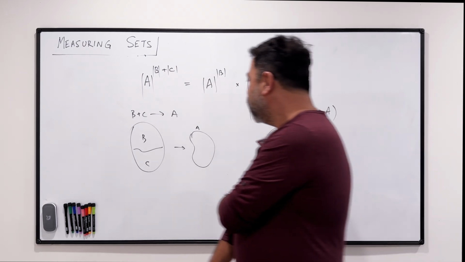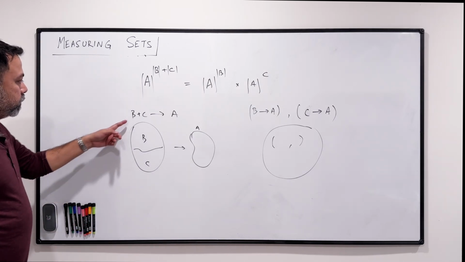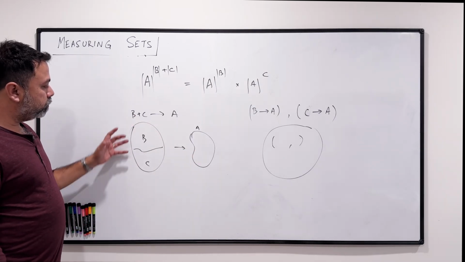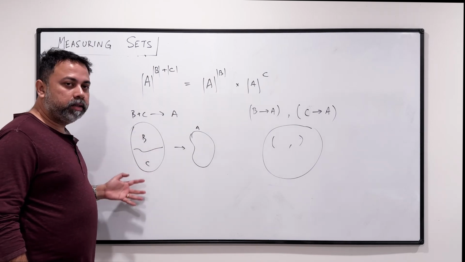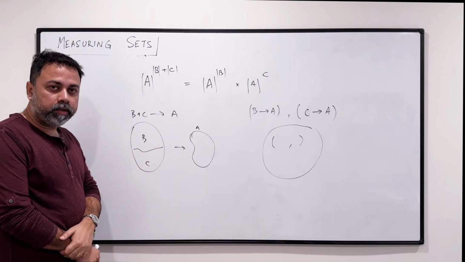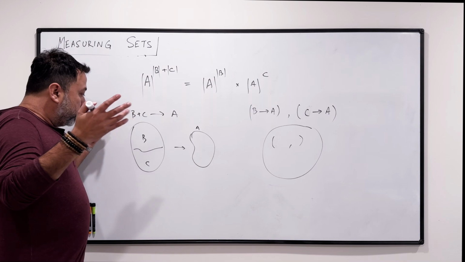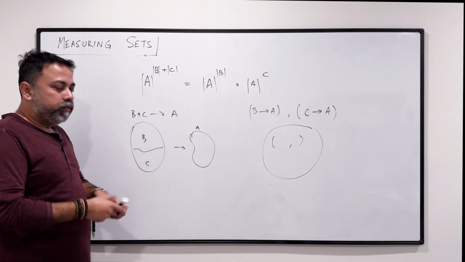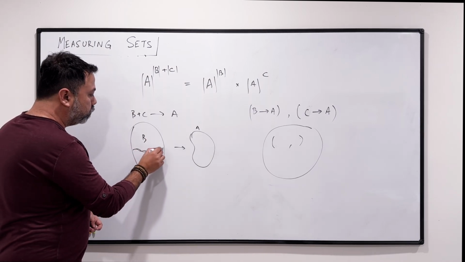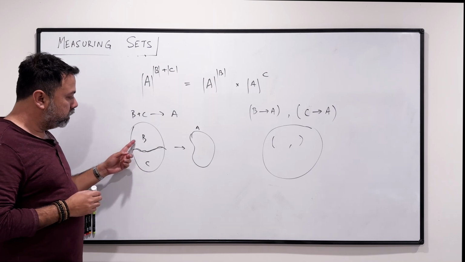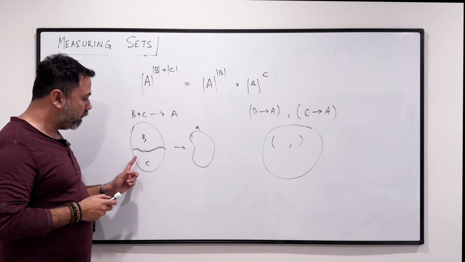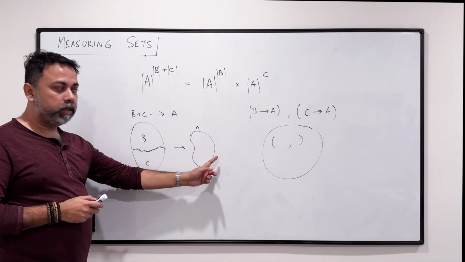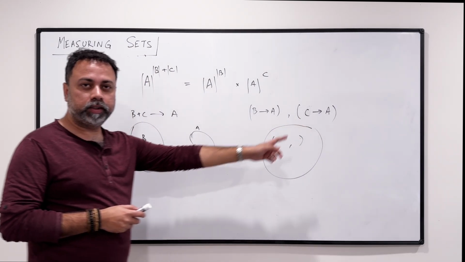right? So that's great, because imagine what a function from this set to A looks like, right? It has to map every element in B plus C to some element of A. You can decide that I can partition this function into two functions that will tell me how each of the elements of B map to A and how each of the elements of C map to A. So that's a pair of functions, right?